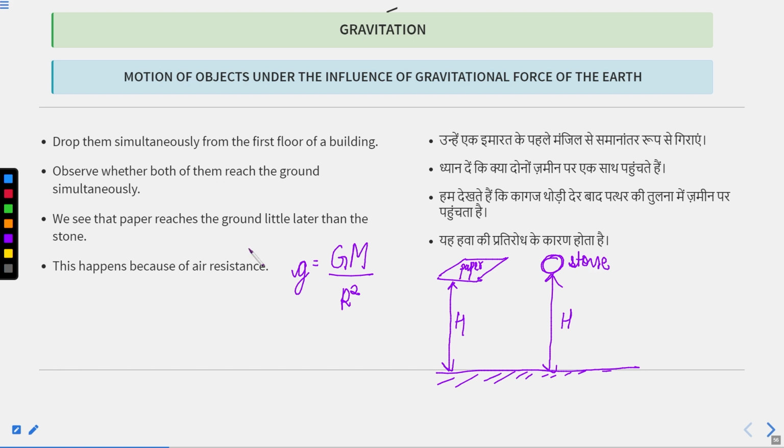If we are doing this experiment in reality, then we will see that the paper will reach the ground a little later because of the air resistance. Otherwise, both will reach the ground simultaneously. If there is no air resistance, nothing else there, then both of the objects will reach the ground at the same time.